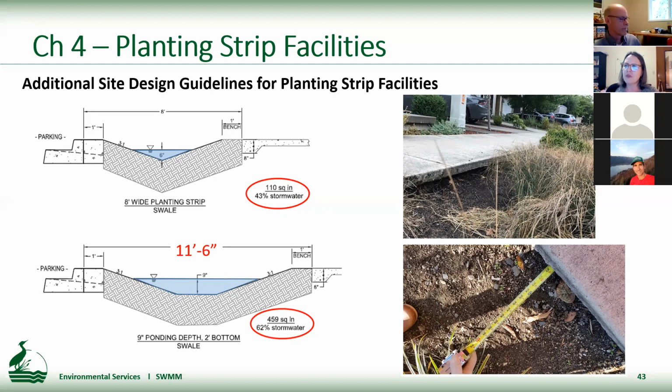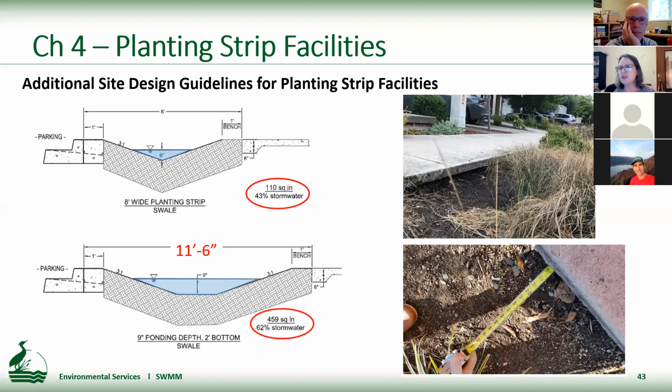And BES has found that we have trouble with plants surviving in that high and dry area, in addition to the soil migrating down the slope and undermining the sidewalk. As you can see in the pictures, also the use of that swale in an 8-foot wide planting strip just isn't a very efficient use of the right of way for stormwater. You can see not very much of the area is actually collecting stormwater.